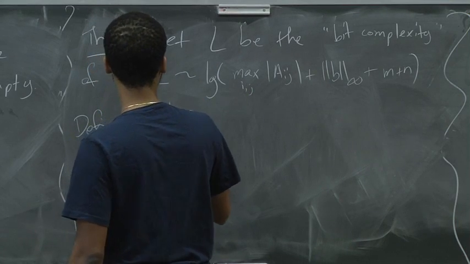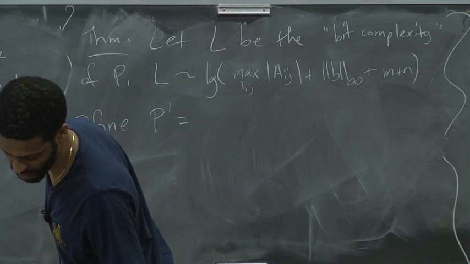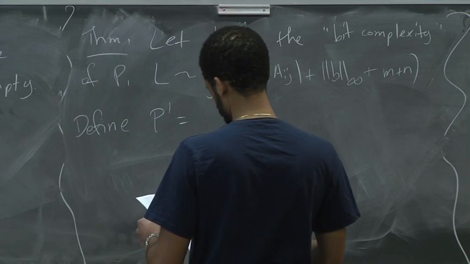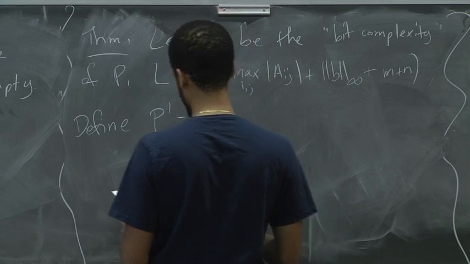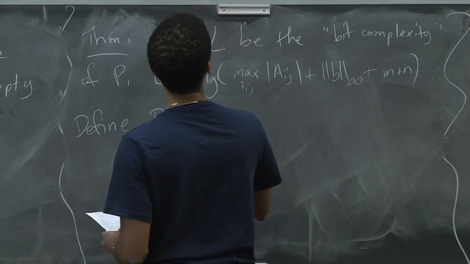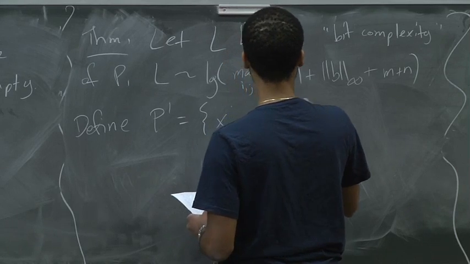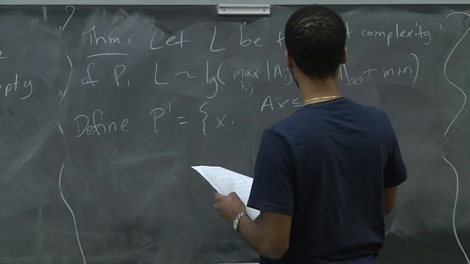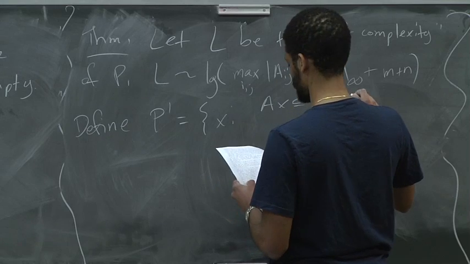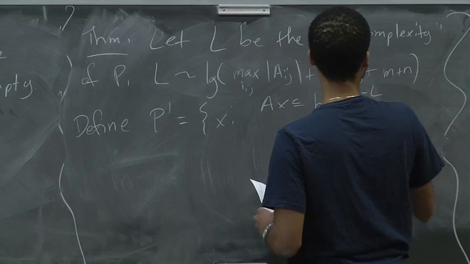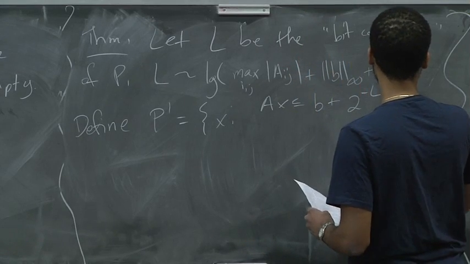Define some P prime to be a new polytope where you say P prime is a set of all x such that AX is at most B plus 2 to the minus L times the all ones vector.